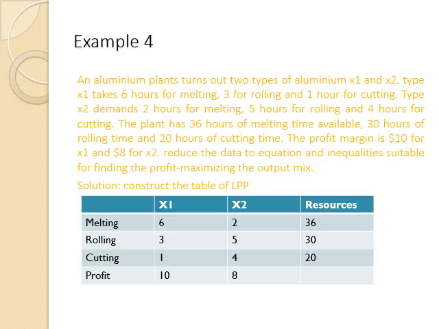For the melting process, the company has only 36 hours. For the rolling process, the company has only 30 hours. And for the cutting process, it has 20 hours. The profit of 1 unit of x1 is $10, while the profit of 1 unit of x2 is $8.